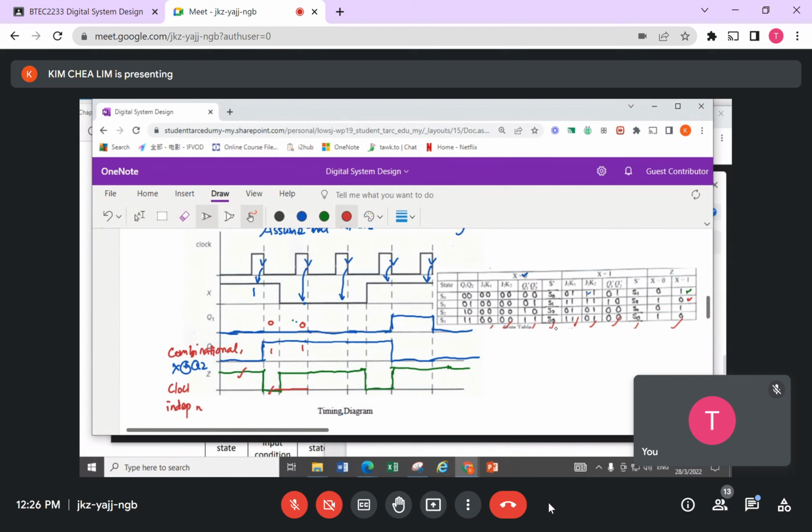X is a 0. Yep, I got a 1. So this is the part. I got a 1 here. Until here again. Now, this is 0, 1 again. X is a 1.